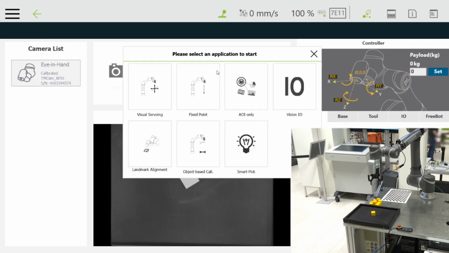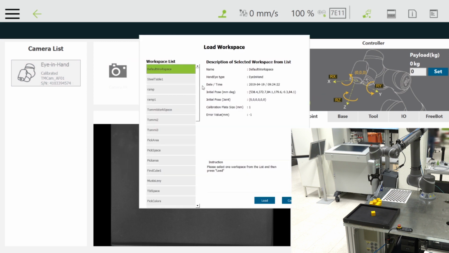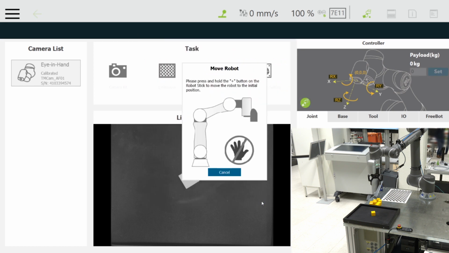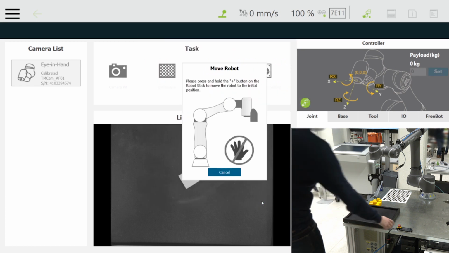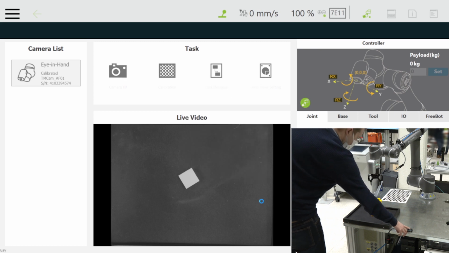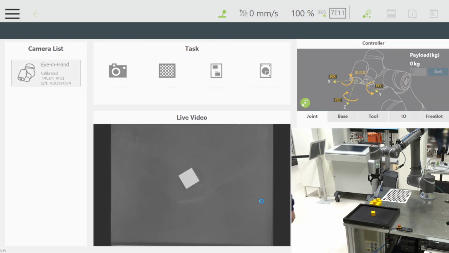Fixed point task is used because this gives the possibility to tie up the vision coordinates to the robot's coordinate system. This means that later on, when robot points are taught on the vision coordinate system, the points will move relative to the found cube.